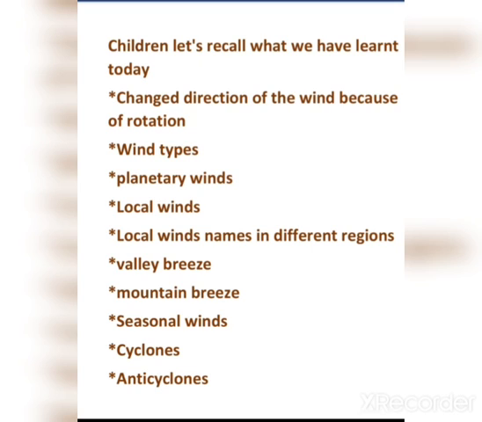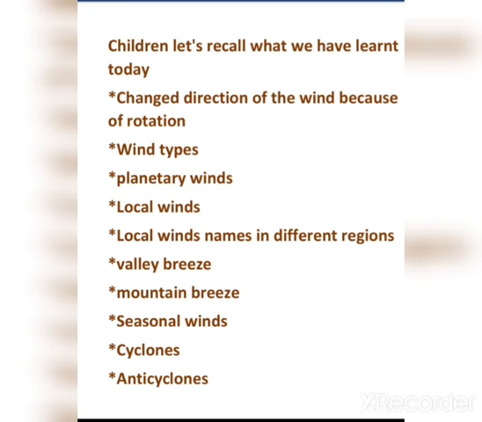The winds that blow for a short duration of time, originate in specific regions and blow over a limited area are called local winds. We have seen the local winds named Loo, Simoom, Chinook, Mistral, Bora, Pampero, Foehn.